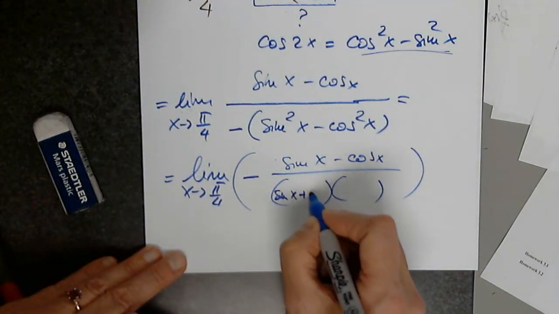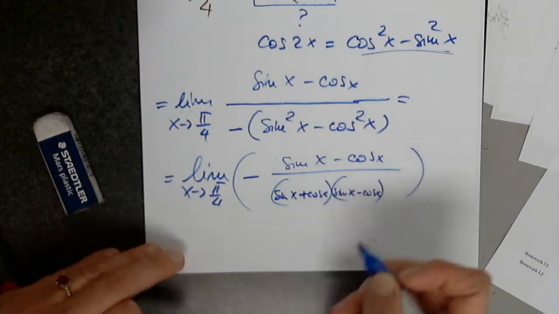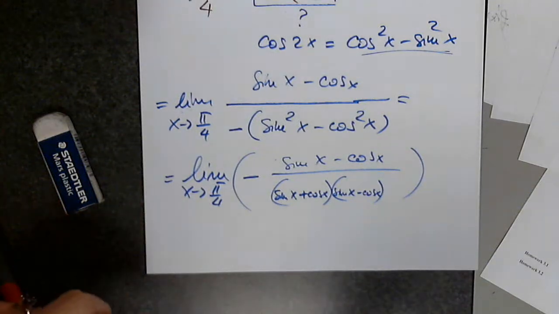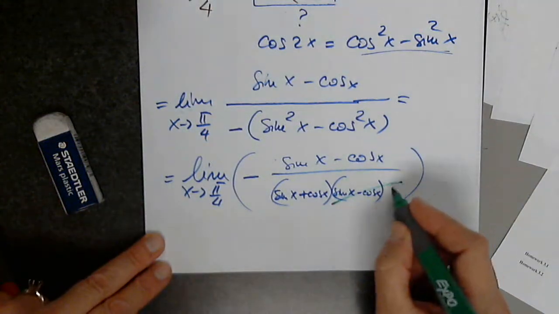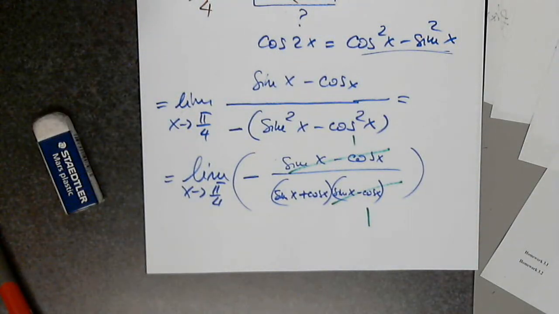Exactly. Difference of squares. And sine x minus cosine x. Okay, now look carefully and say, I know what you're going to do next, and I am going to do it. They are the same. Now let's plug in again.